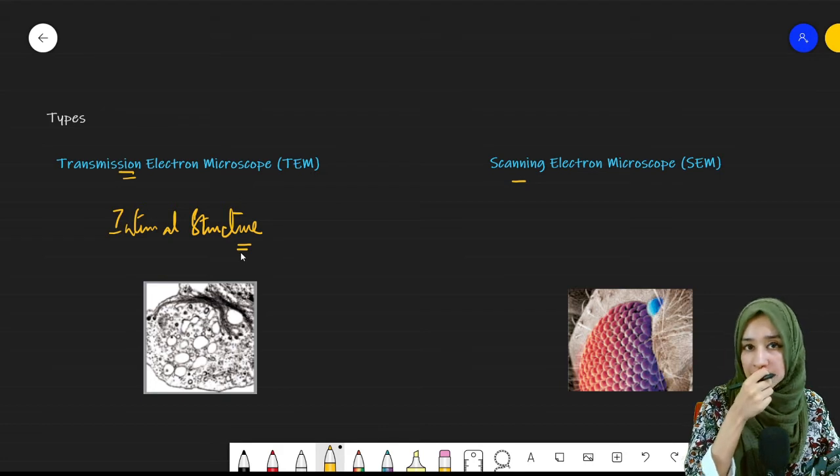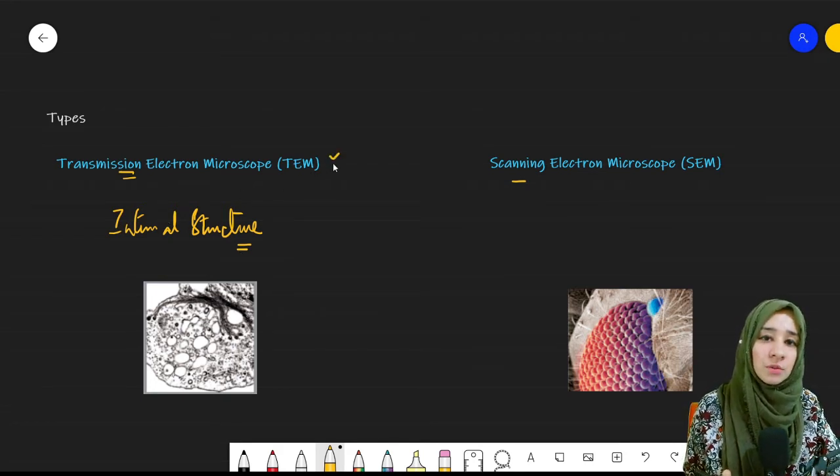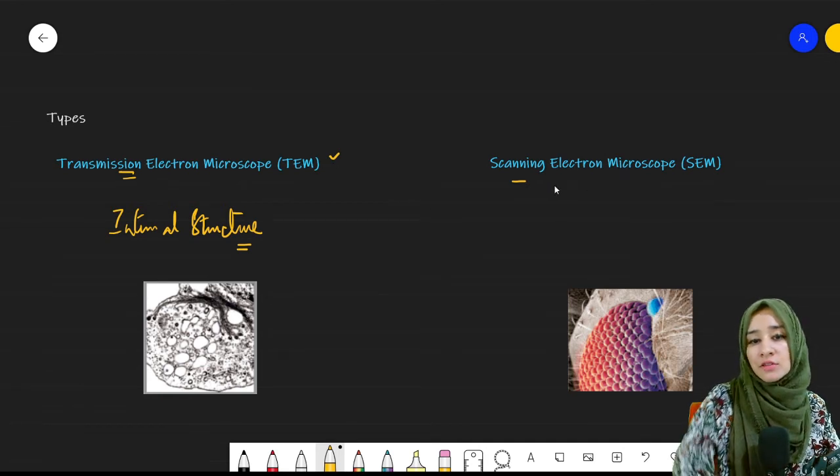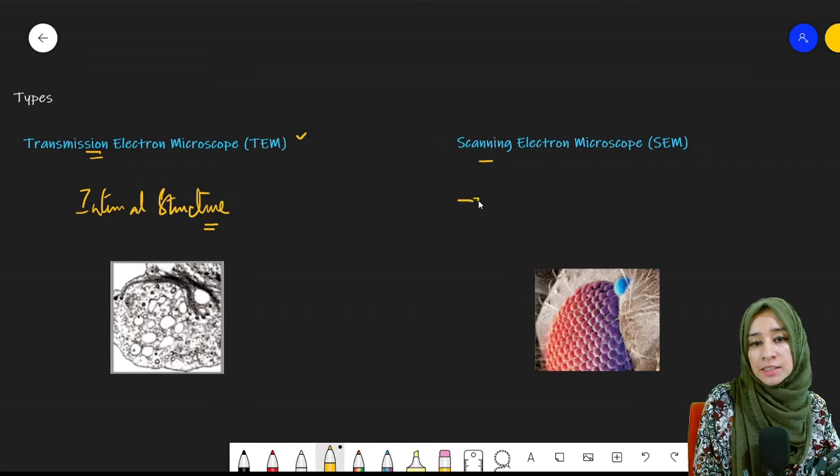Whereas the scanning electron microscope is used to study the surface of a cell.